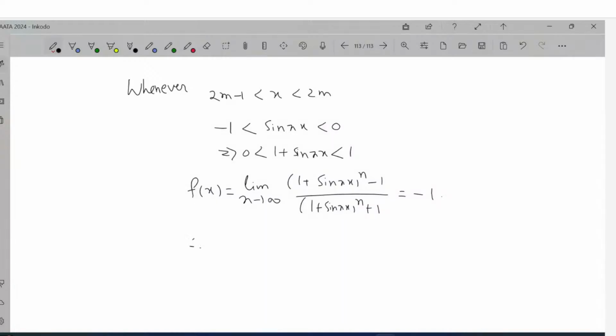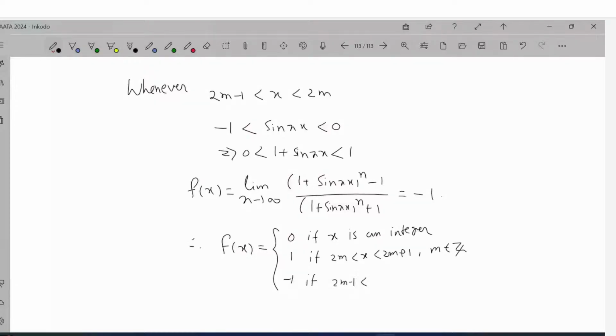So what are the values we are getting therefore? f(x) equals 0 if x is an integer, actually we will put all the integers. 1 if 2m less than x less than 2m plus 1, where m belongs to Z. Minus 1 if 2m minus 1 less than x less than 2m, m belongs to Z. Correct?